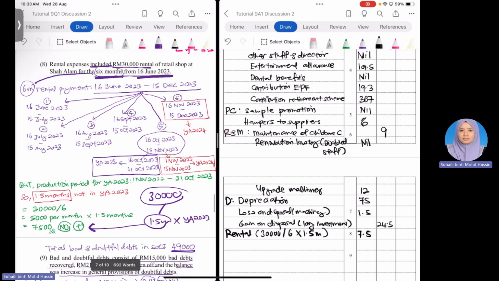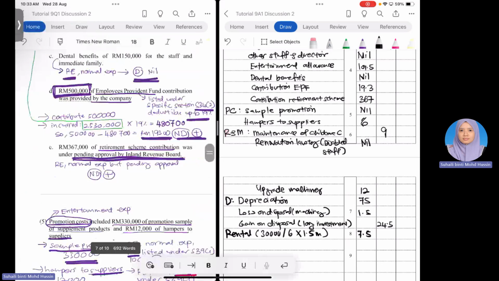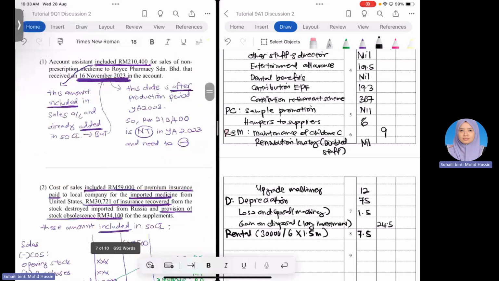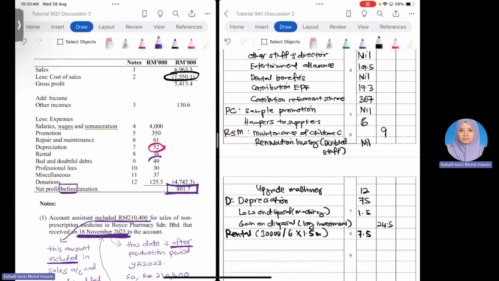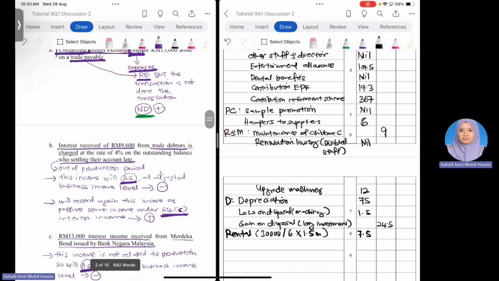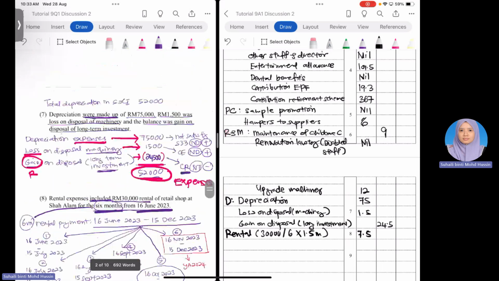Okay, number 9, we have bad and doubtful debts. So the total of the bad and doubtful debts that you already deducted in SOCI is 49,000 ringgit. From this 49,000 ringgit, the question listed 3 items. The concept is similar to number 7 just now.